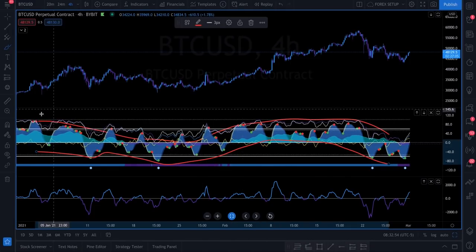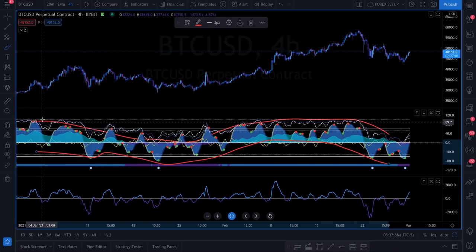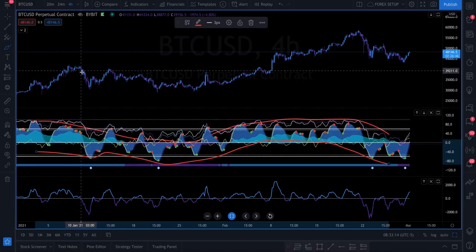Look at this. As soon as we start to draw on Market Cipher B and it starts to come down as a whole entity, I'm not just looking at individual dots. As soon as Market Cipher B starts to come down as a whole entity, where the green waves on the bottom are getting lower and lower and the red waves on the top are getting shorter and shorter, this is when we start to come down.